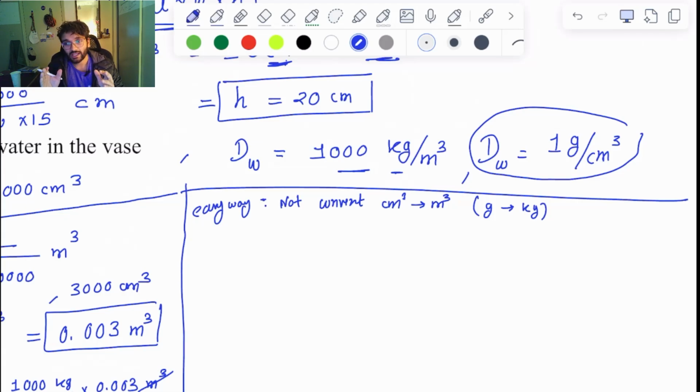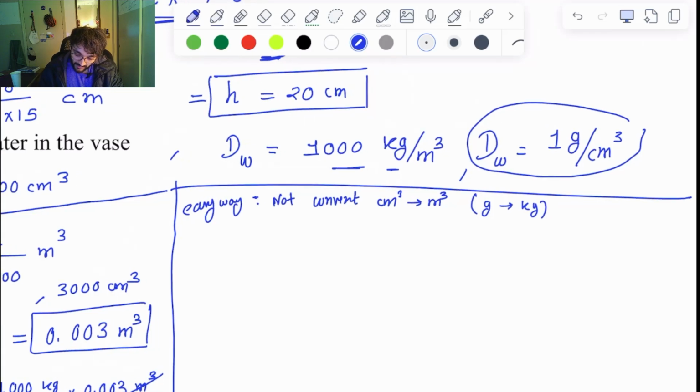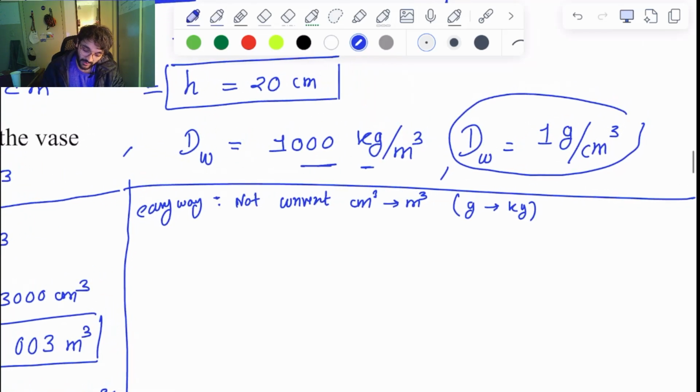That's the easy way. It is easy because we're definitely not doing centimeter cube to meter cube, but we're going to convert gram to kilograms, which is easier, and you'll see why. Okay, so the volume is given to be 3000 centimeter cube.